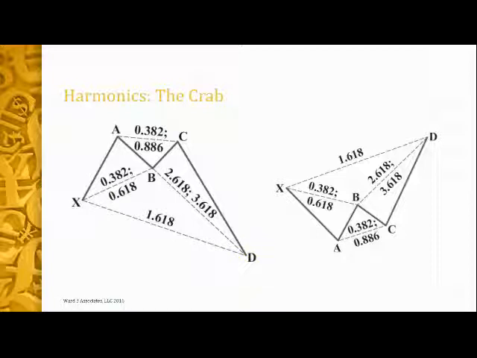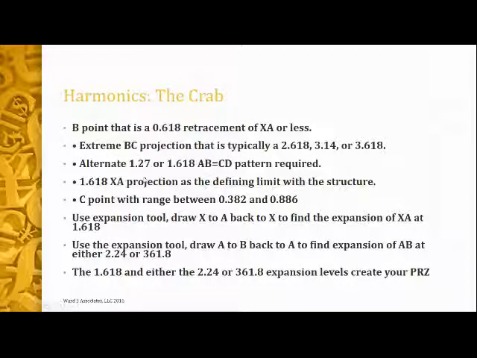Okay? B point, that is a retracement of 618 of the XA leg or less. Okay, so your midpoint B must retrace to the 618 or less. The extreme BC projection is typically a 2.618, 3.14, or a 3.618.